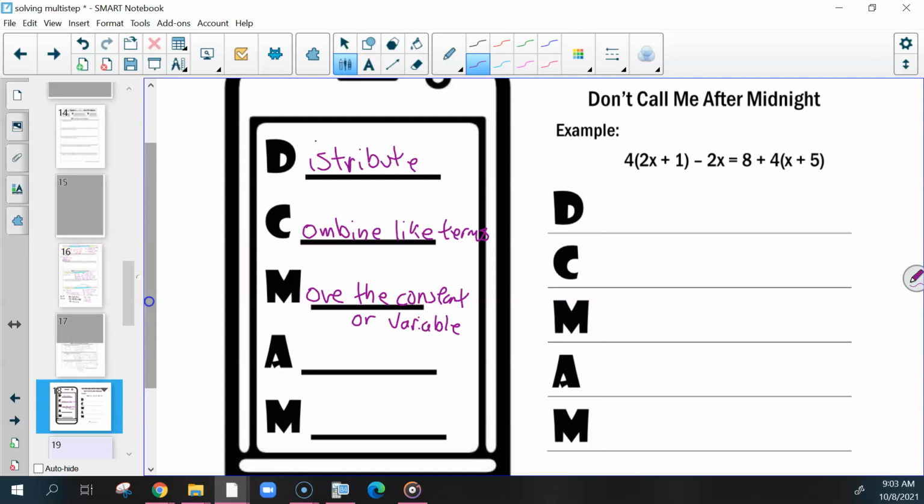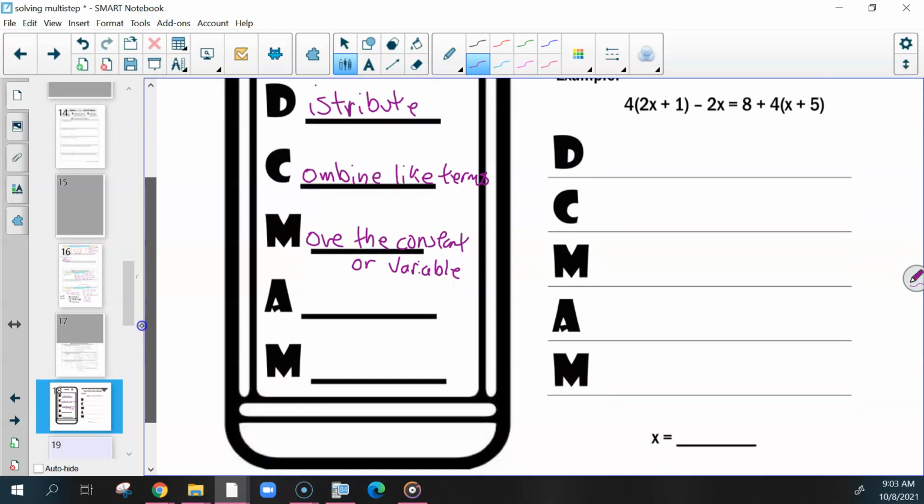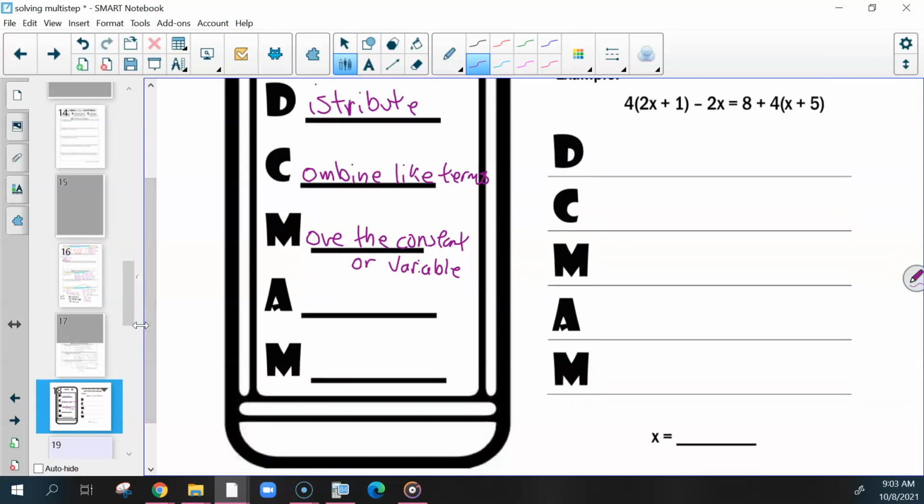We'll see here in a second where it says either/or, because you'll have some choices you can make. Some of these you won't solve the same way. And you do that by adding or subtracting. And then get the variable by itself by multiplying or dividing.